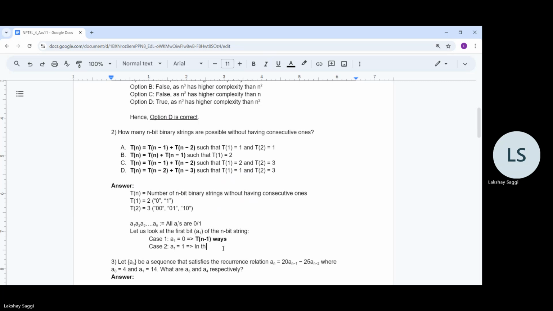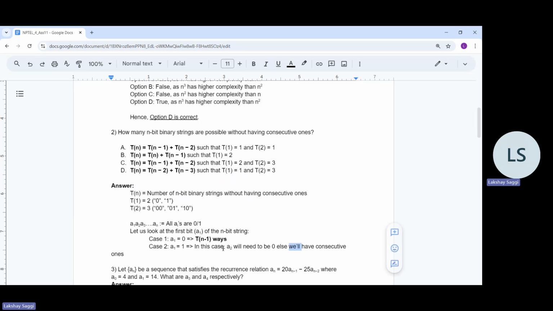So in this case, a2 will need to be 0, else we will have consecutive ones.